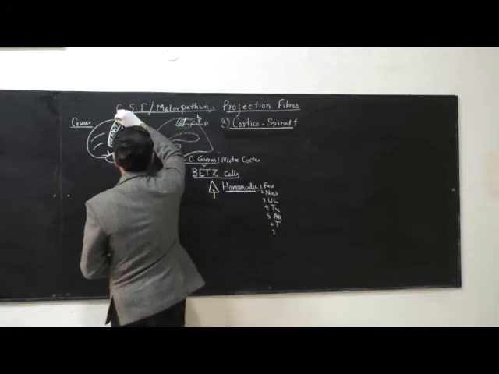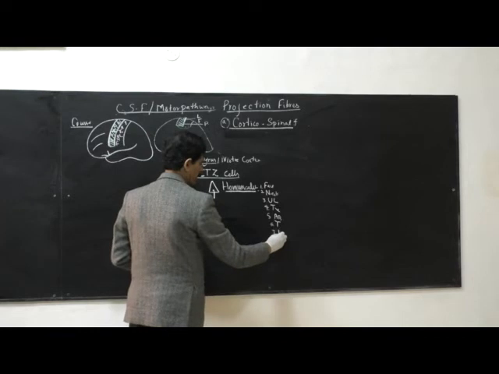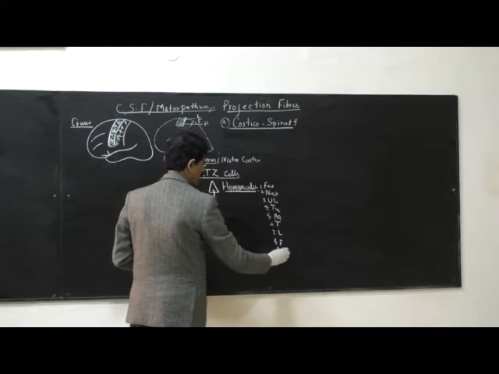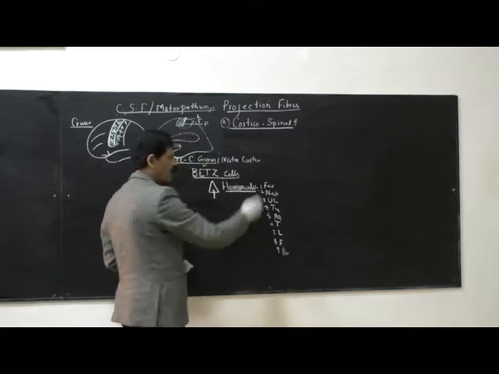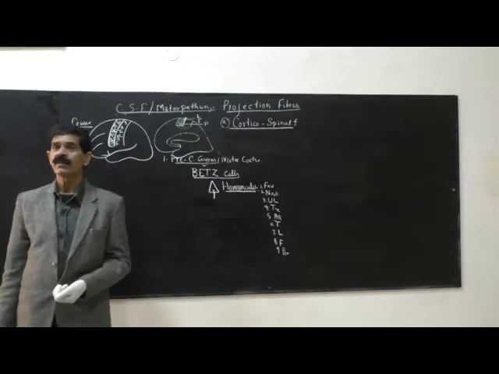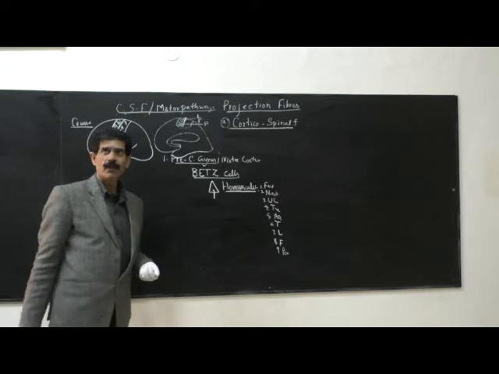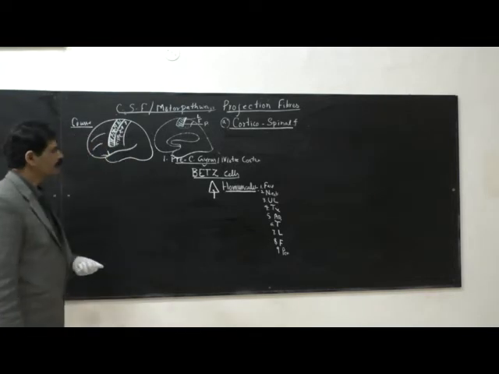Here the muscles of the thigh are represented. The muscles of the leg are controlled from the medial surface, then the foot, and then the perineum. So this is the homunculus arrangement of the representation of the muscles of half of the body.